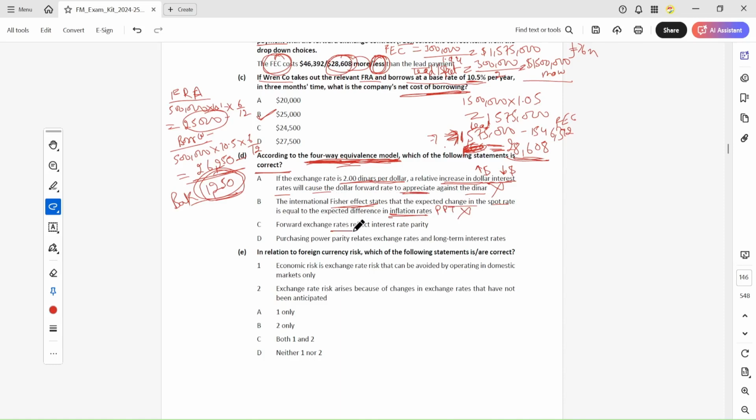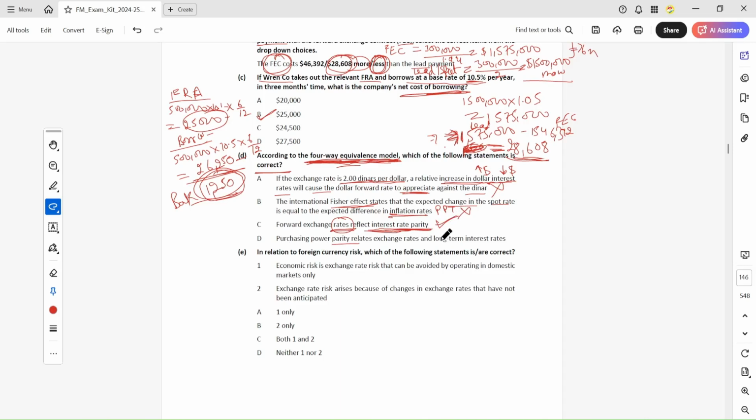Forward exchange rate reflects interest rate parity. Yes, due to interest you can calculate the forward exchange rate using interest rates. Generally, banks use this method. So this is correct.